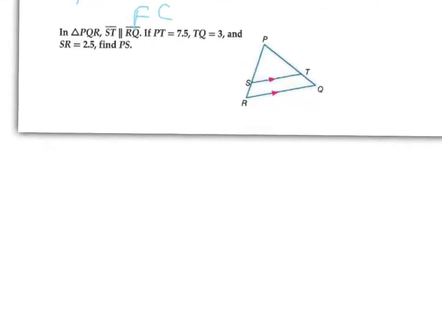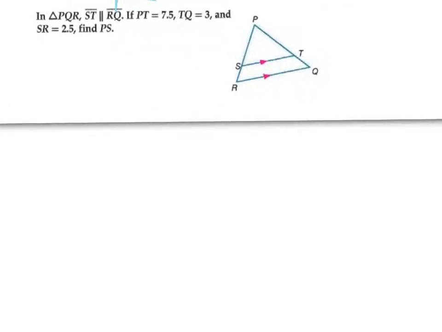So, since I know that, now we don't have to prove any of it. It's a given to us now since we've already proved it. We have two triangles here. It says that PT is 7.5, so this segment is 7.5. TQ is 3, and SR is 2.5. Find PS. Well, remember, they're proportional.